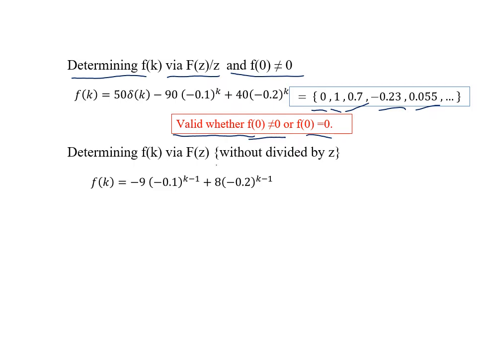Without division by z, we have the function negative 0.9 times 0.1 power k minus 1 plus 0.8 plus 8 times negative 0.2 power k minus 1.